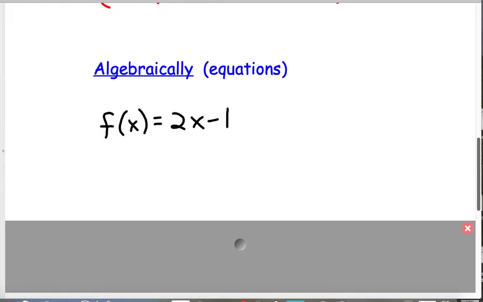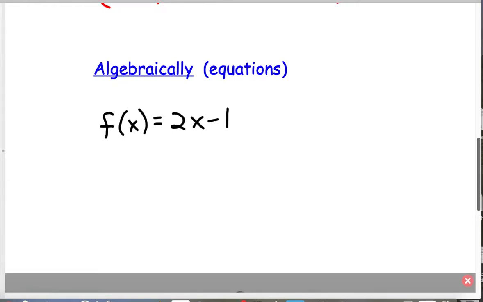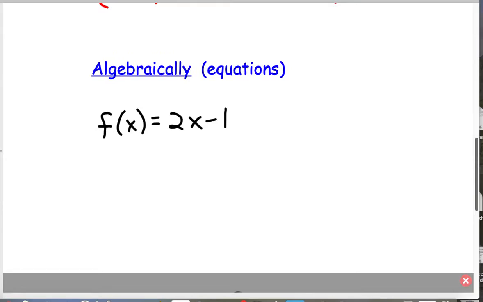How about algebraically? Now, to figure out the inverse algebraically, the first thing we need to do is rewrite your function as just y equals. So I'm going to say y equals 2x minus 1. And then by switching inputs and outputs, that means we're going to make all the x's our y's and all the y's become x's.